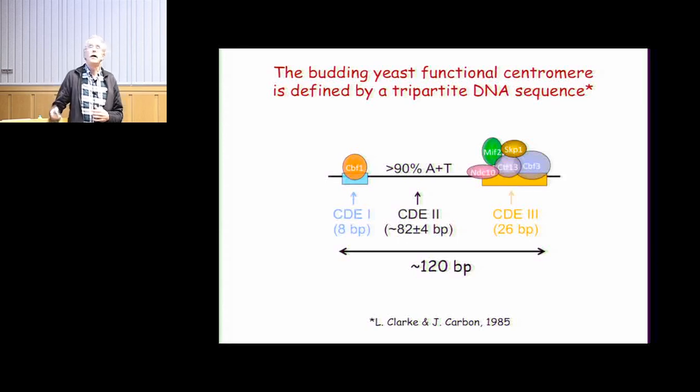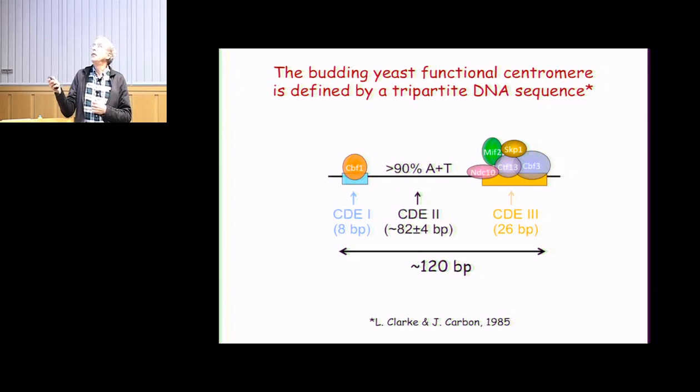Now, CDE1 is the binding site for the CBF1 protein. CBF1 is like REB1, ABF1, RAP1. It's a general DNA binding protein, so it binds a lot of other sites, and it's non-essential. However, CDE3 is the binding site for a kinetochore-specific complex that is absolutely essential and is needed for localizing the CSE4 nucleosome.